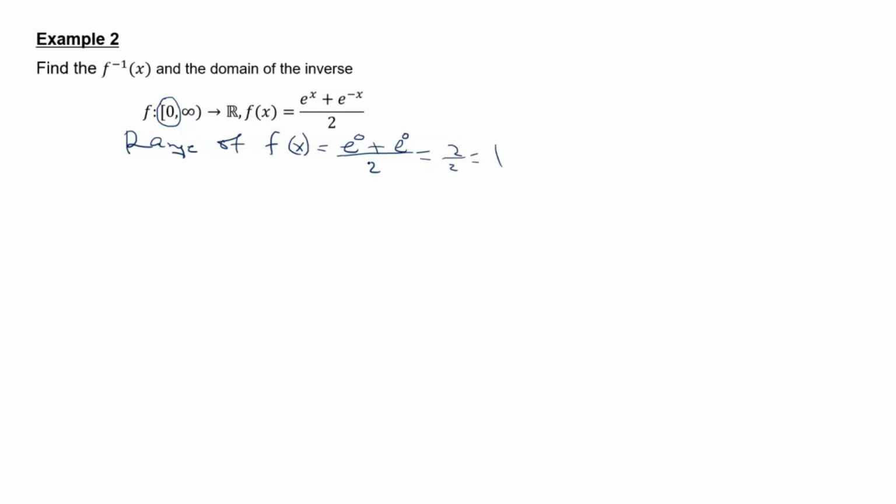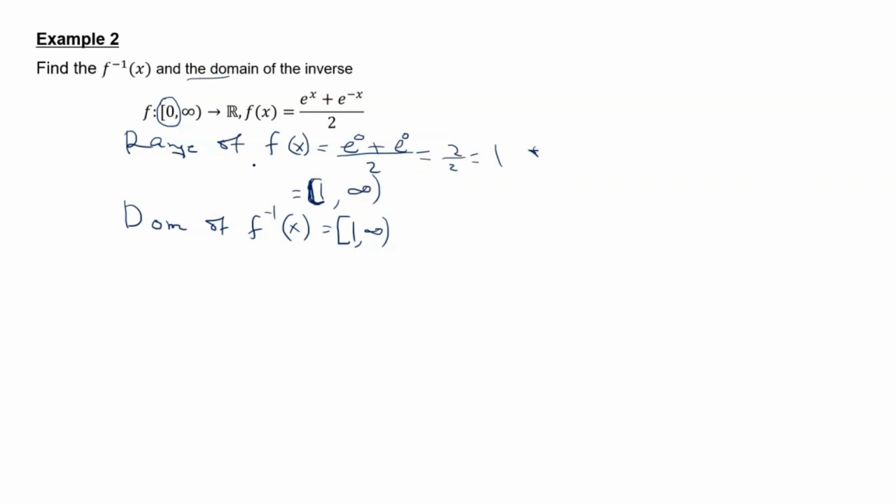So 1 to positive infinity, included, with a square bracket, to positive infinity. So that's my range. So now the domain of the inverse is going to be 1 to positive infinity.